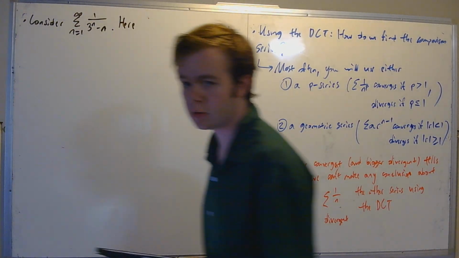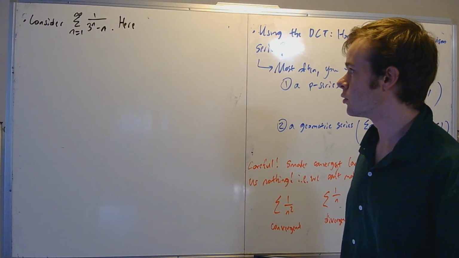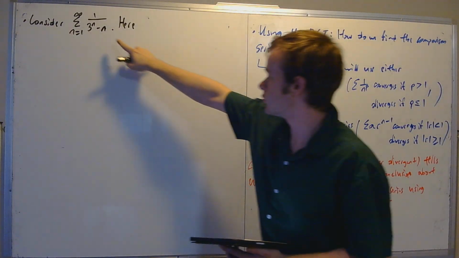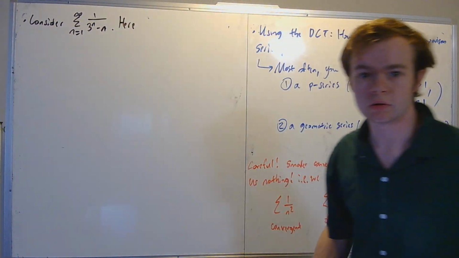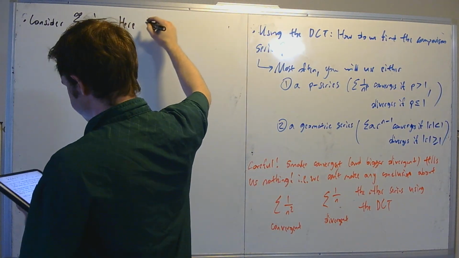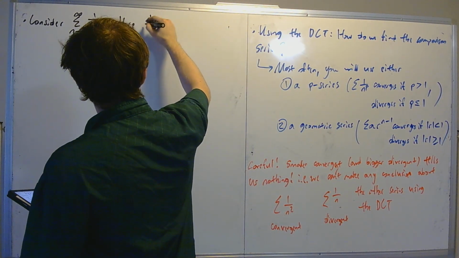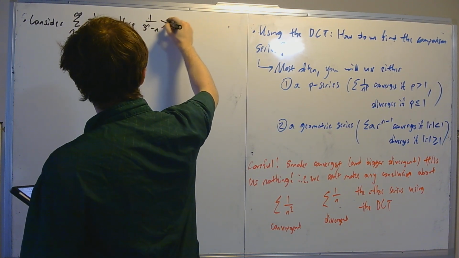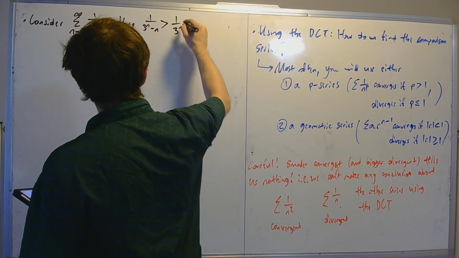Remember, we want to make it look like a geometric series or a p-series, right? So one of these two. And we say, well, if we get rid of this minus n, then it's going to look like a geometric series. So here, 1 over 3 to the n minus n is greater than 1 over 3 to the n.